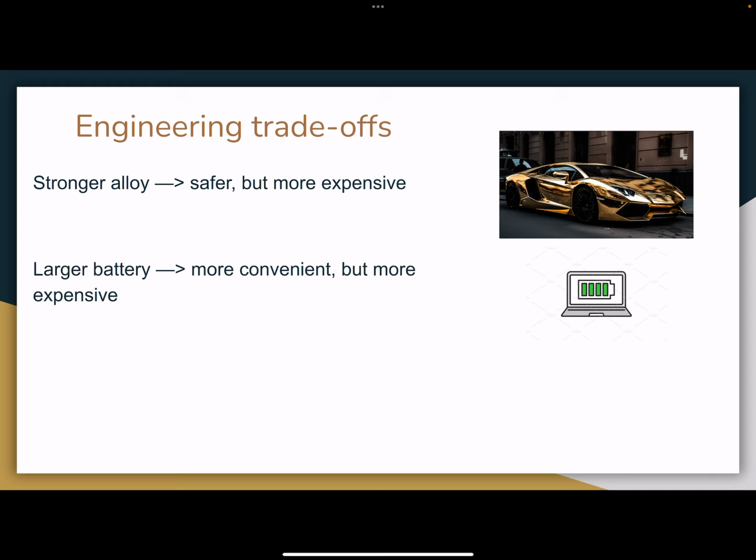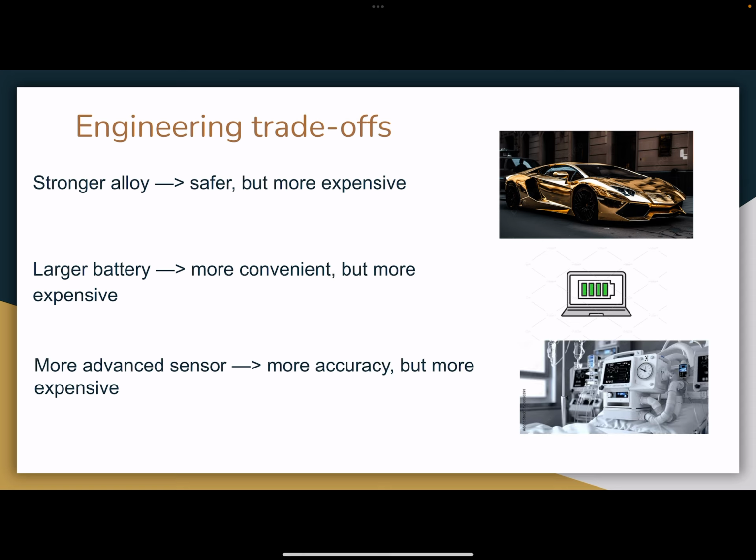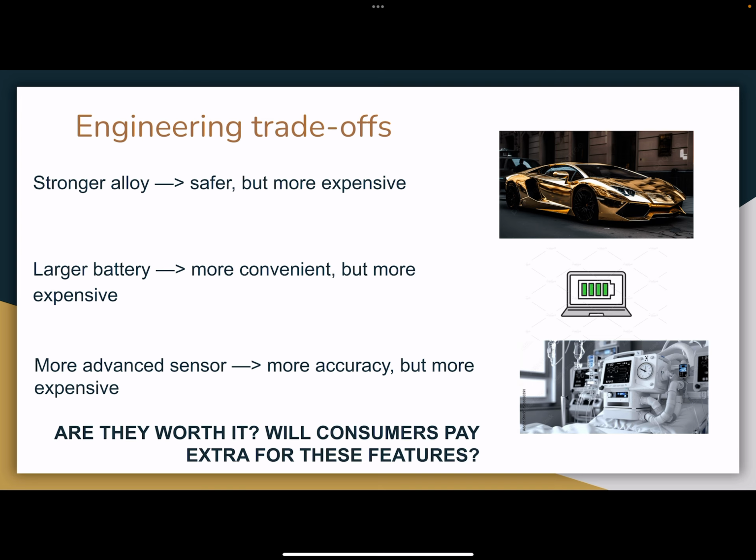If we want to place a larger battery in our laptop, it will make it more convenient but more expensive. If we want to add a more advanced sensor to our product, it will make it more accurate, but again, more expensive. So we have to keep asking the question, are they really worth it? Will consumers pay extra for these features?